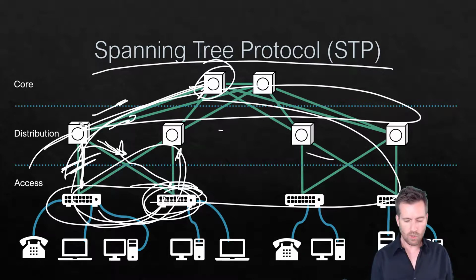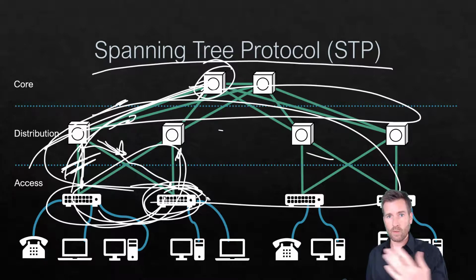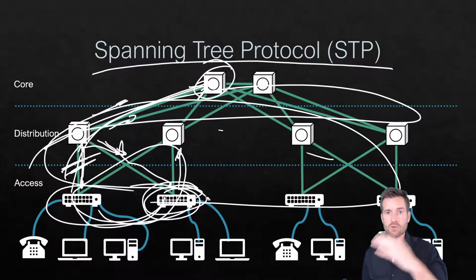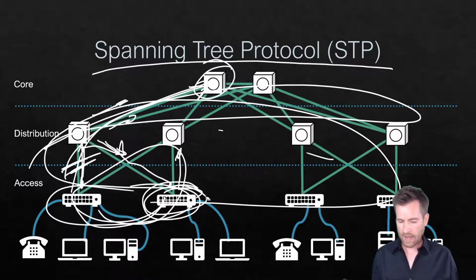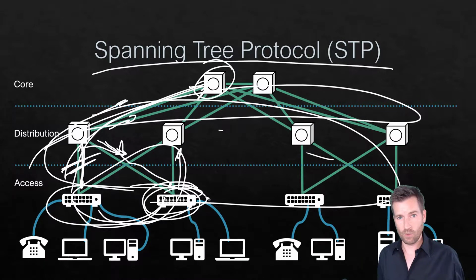What Spanning Tree Protocol will do is recognize when something is plugged into itself, and go through the process of taking one of those lines down, so you don't have this loop and your network isn't prone to these broadcast storms.